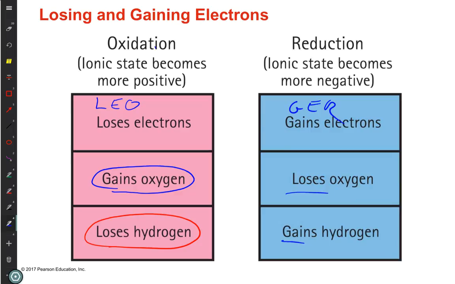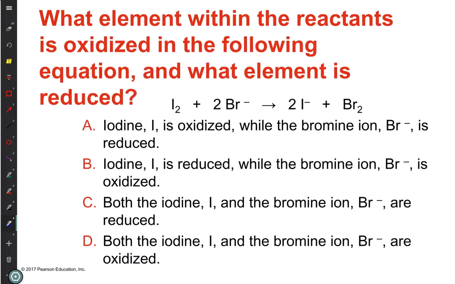Because an acid donates a proton. So that means the acid loses a proton. Here we have oxidation loses a hydrogen. So those are in the same ballpark. It's losing a hydrogen.